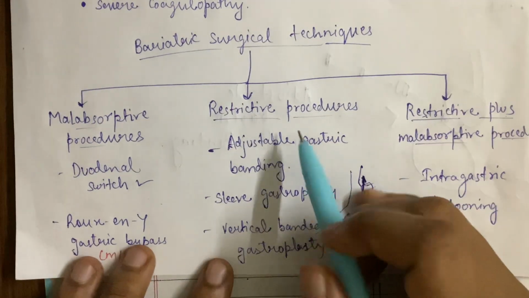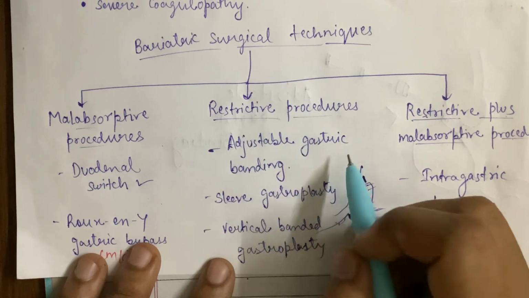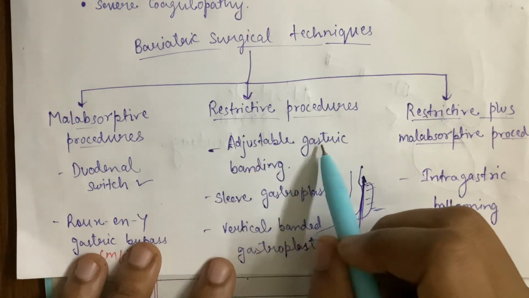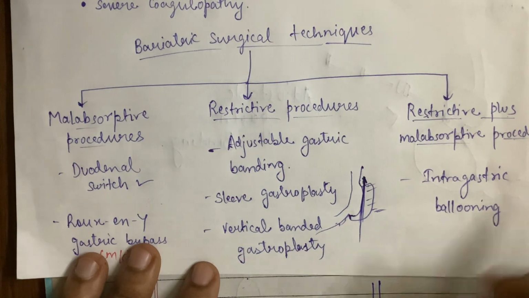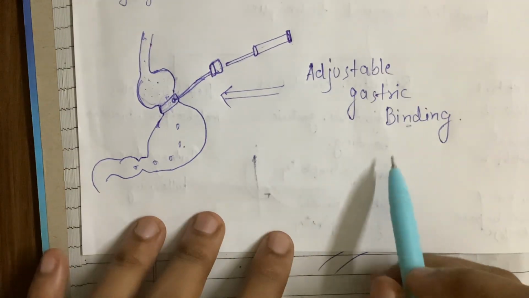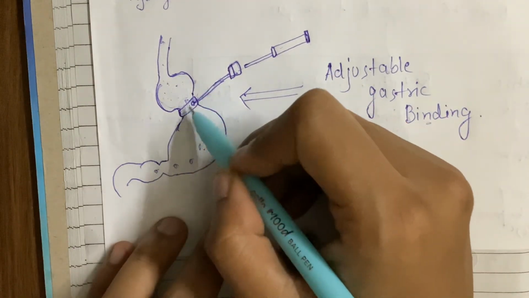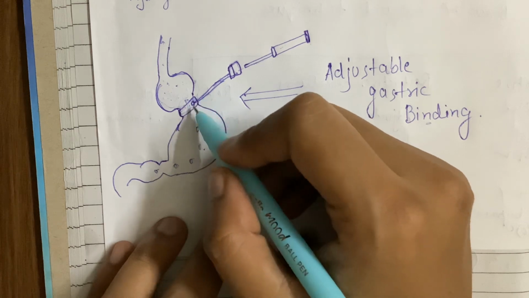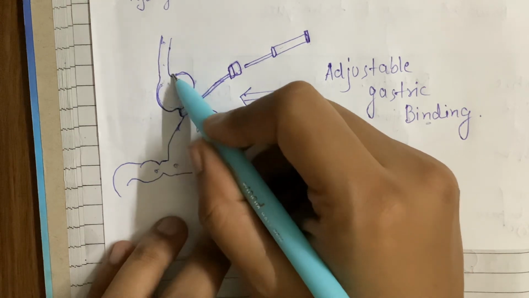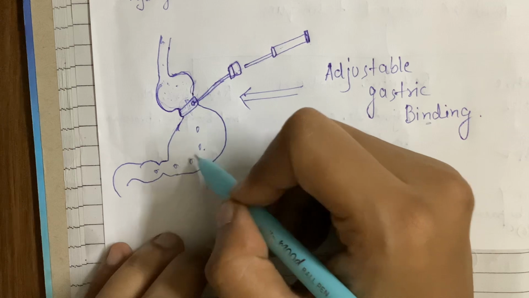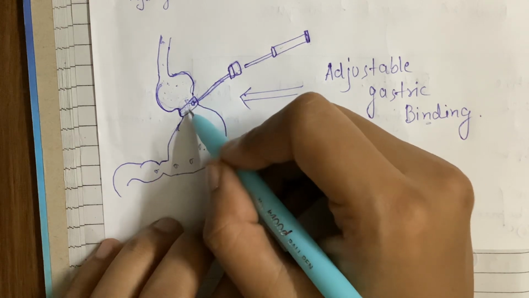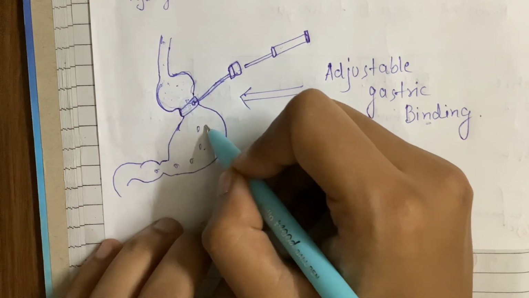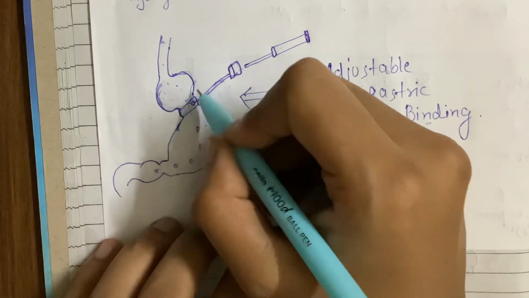The second technique is restrictive procedures, wherein adjustable gastric banding, sleeve gastroplasty, and vertical banded gastroplasty are done. Adjustable gastric banding. A band is taken and is applied in the upper segment of the stomach, producing a small upper pouch and a large lower pouch. So two things are happening. The lumen is narrowed between the upper segment and lower segment of the stomach, and a small pouch is produced.